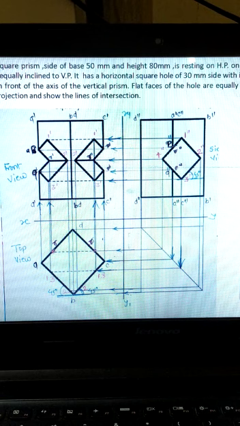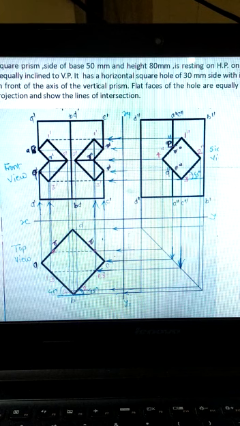So how to start with the problem? First, you have to draw the basic object. In this problem, the base object is a square prism of side 50 mm and height 80 mm, resting on HP with all its rectangular faces equally inclined to VP. So you have to draw the true shape first.